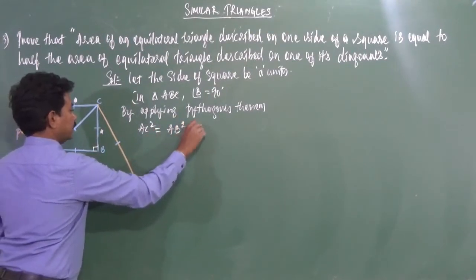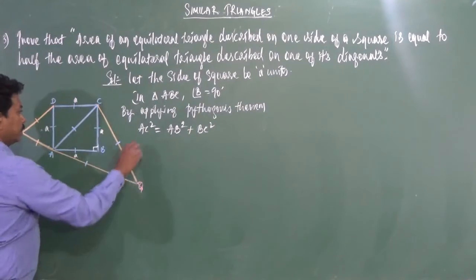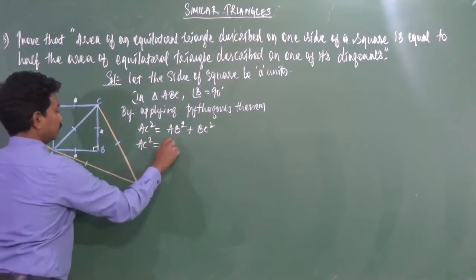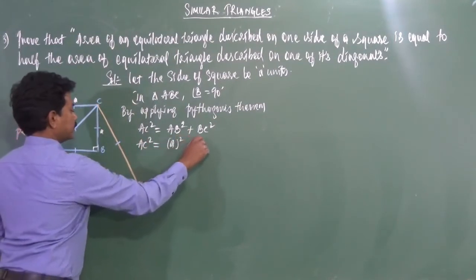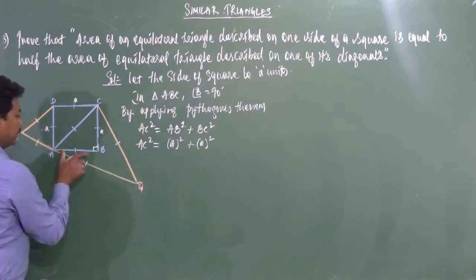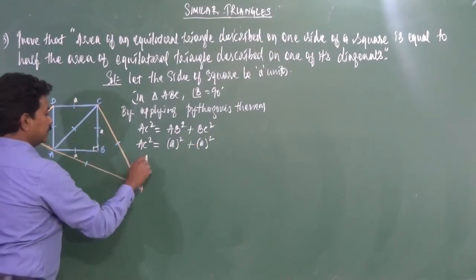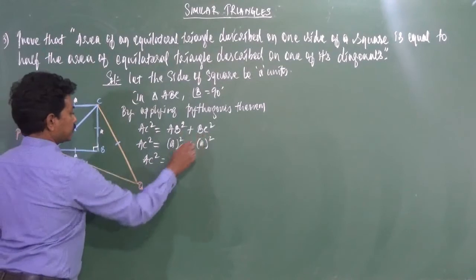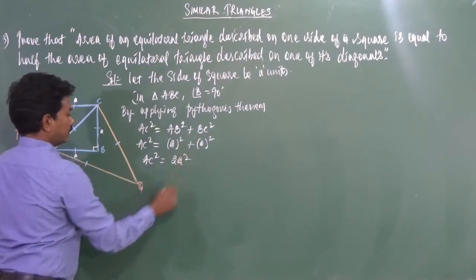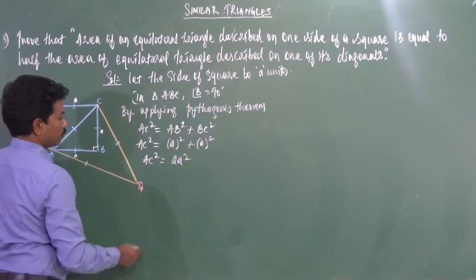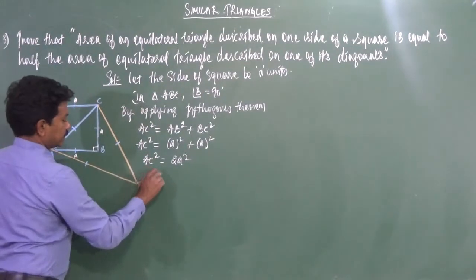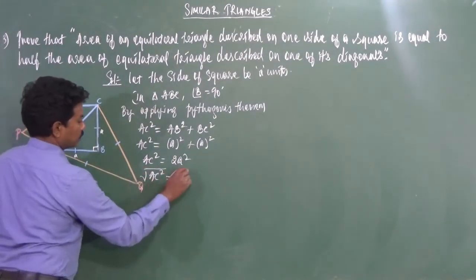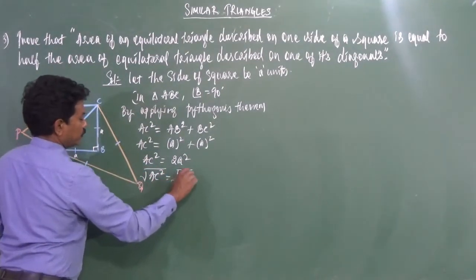AB square plus BC square. So AC square is equal to A whole square plus A whole square, because each side is A units. So AC square is equal to A square plus A square is 2A square. So when we take square root on both sides, we get AC is equal to square root of 2A square.